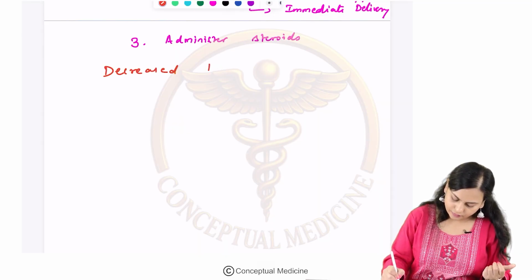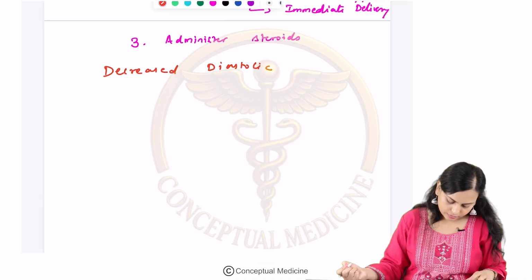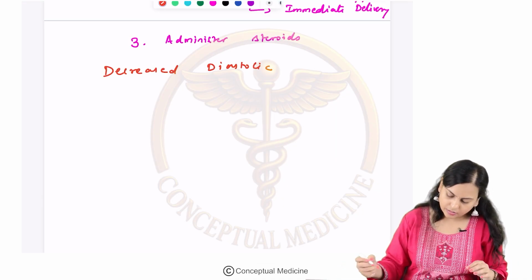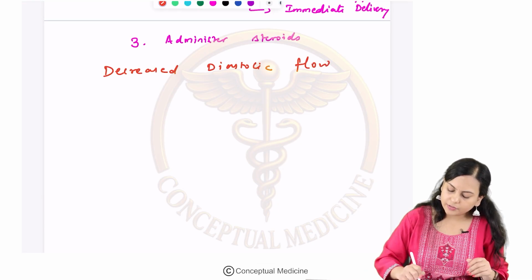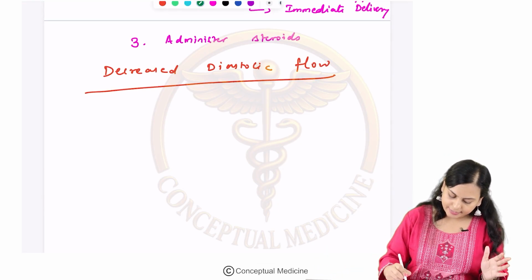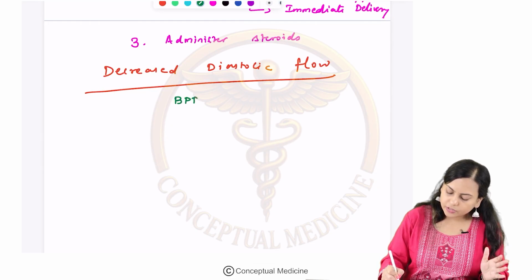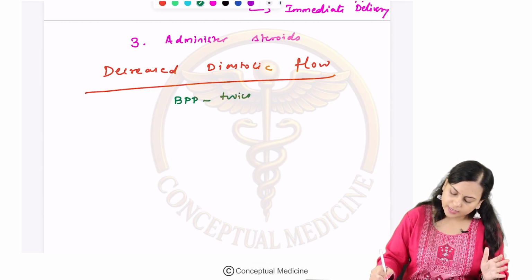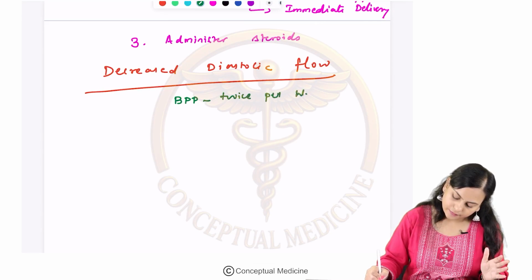Okay. Now, we'll see decreased diastolic flow. So, what will you do when there is decreased diastolic flow alone? In that case, you will be doing a biophysical profile twice per week.